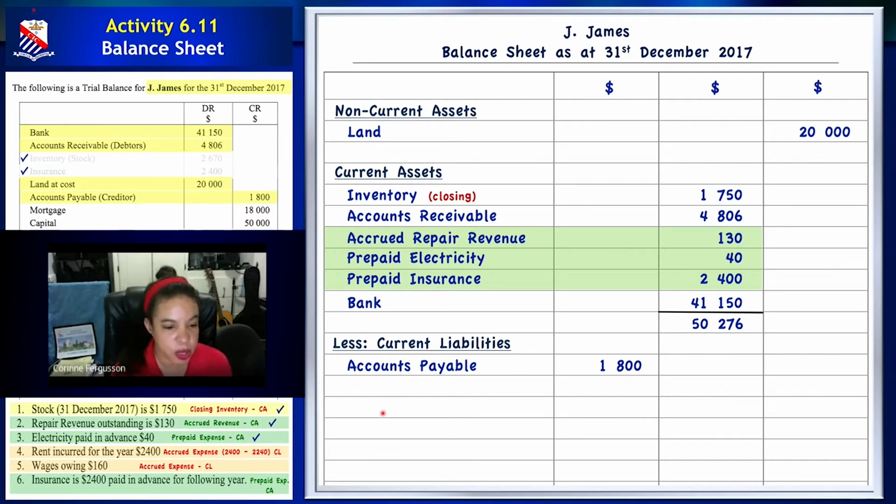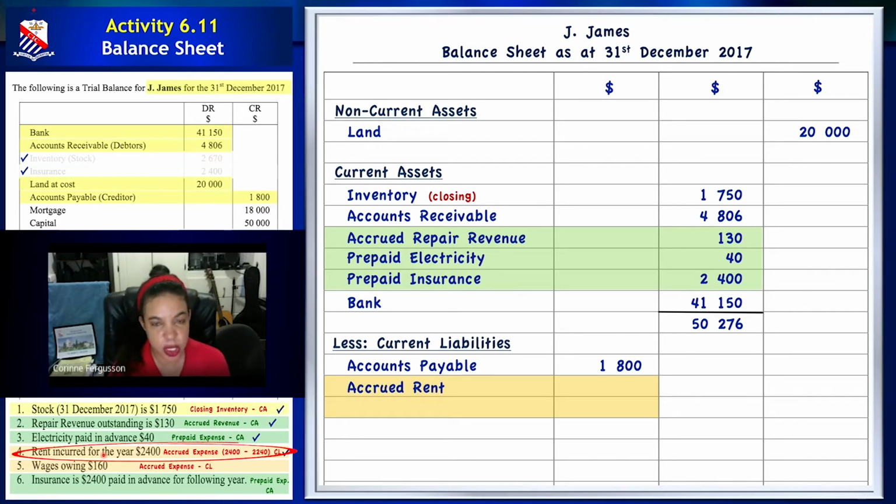So we go to our notes, and we see that we have two current liabilities highlighted there in orange for you to see. And we will start with the first one, which would be the accrued expense. So which is the expense? It's rent. So you put accrued rent.